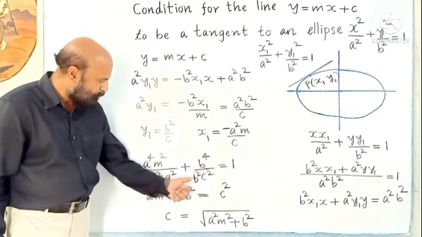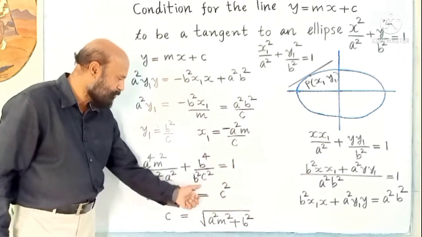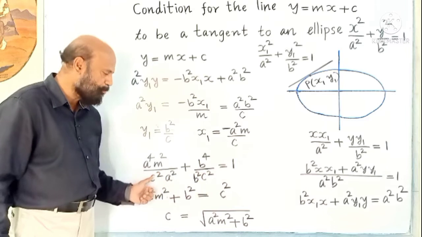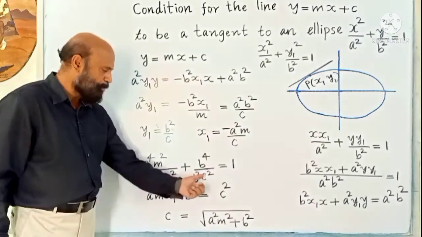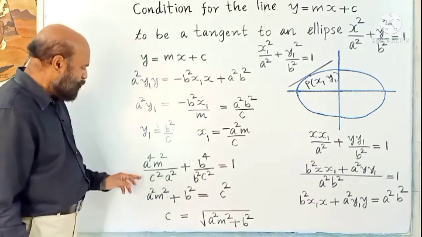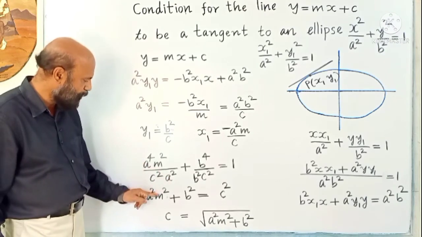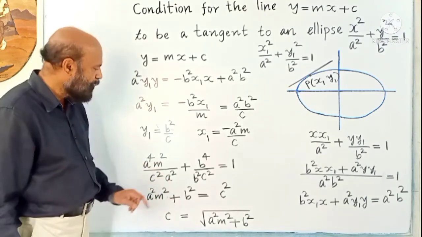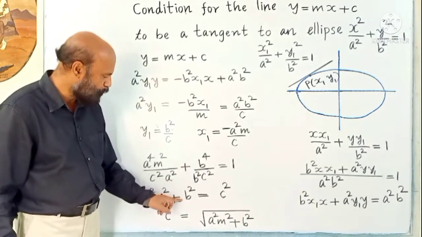Here you can see c² is common in the denominator, so you take it to the other side, and it will become c². Now a raised to 4 over a², so it will become a², then m², plus here b raised to 4 over b², so after cancellation it will be b².